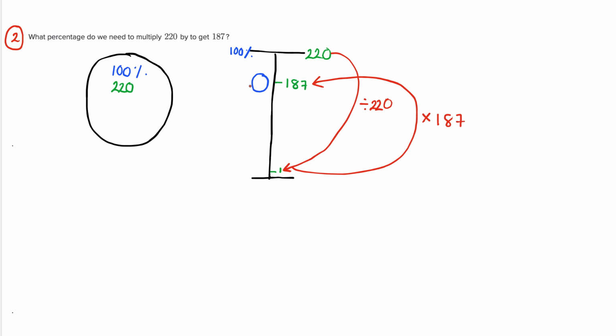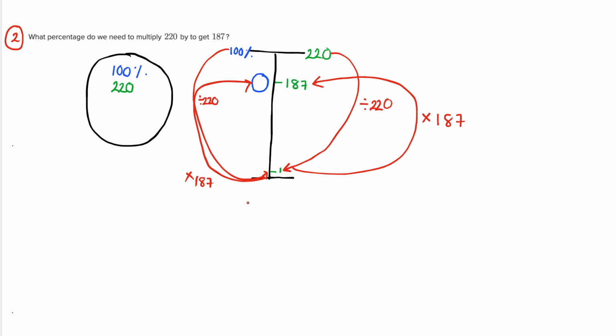So I'm going to do exactly the same on the other side. I'm not going to draw the arrows because I'm going to do the same thing. So I'm going to start with 100, and I'm going to first divide by 220, and then multiply by 187.